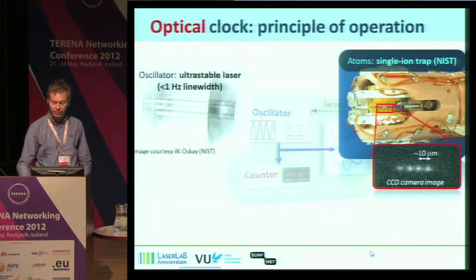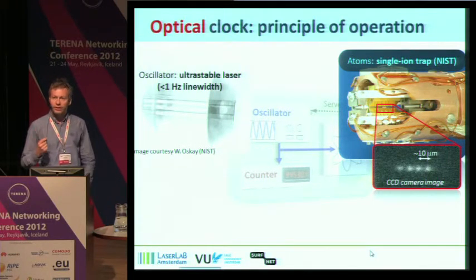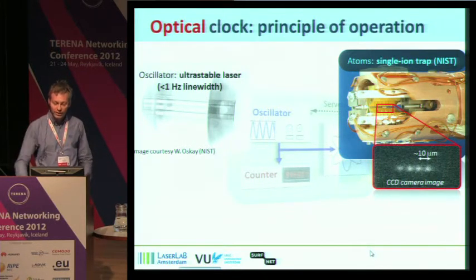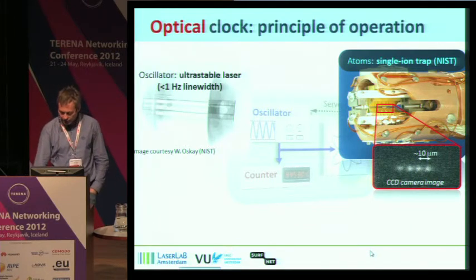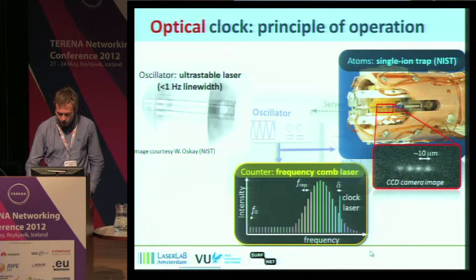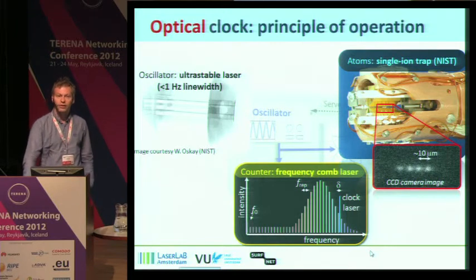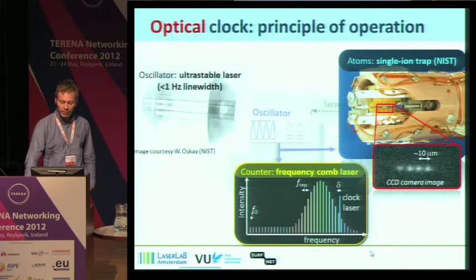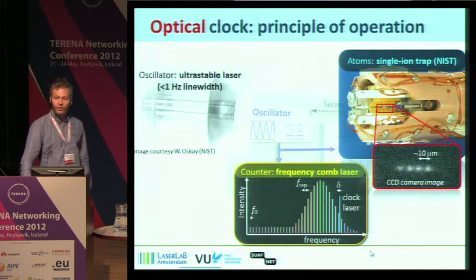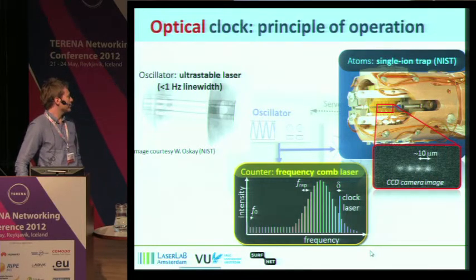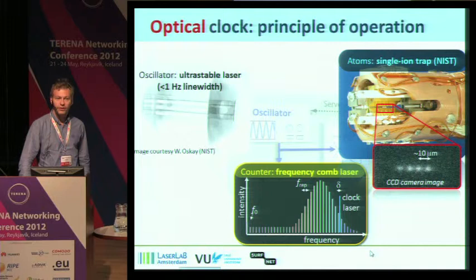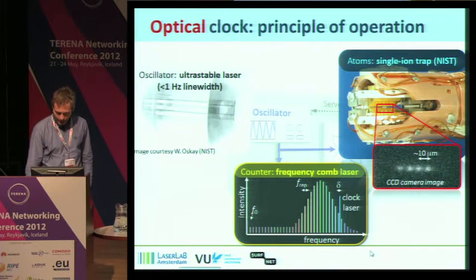You can even trap a single atom, and if you take a suitable atom with a very pure reference oscillation frequency inside, you can drive the oscillations in the atom with the ultra-stable laser, and this is the basis of your clock. The only thing you need to do then is count the optical frequency of the laser, which is done using a so-called optical frequency comb, which is almost literally a ruler in frequency space, which you can use to read off the frequency of your clock laser.